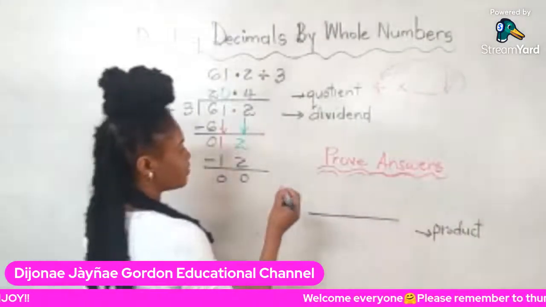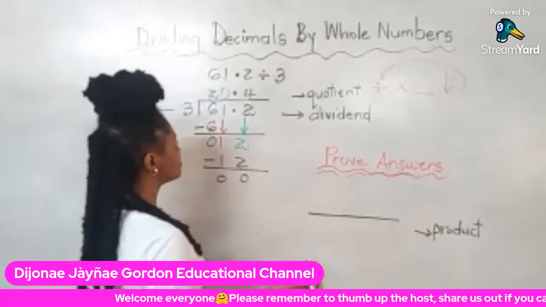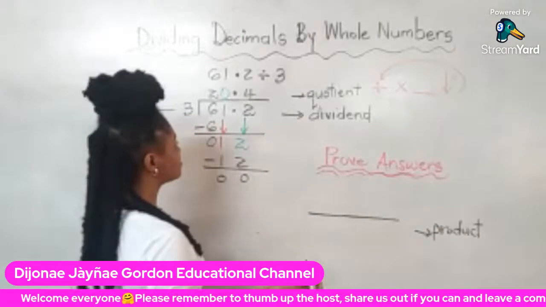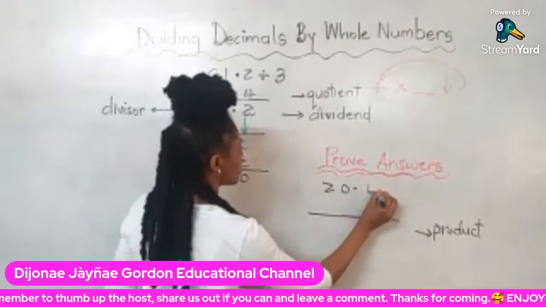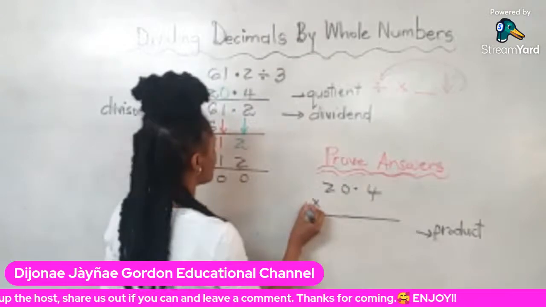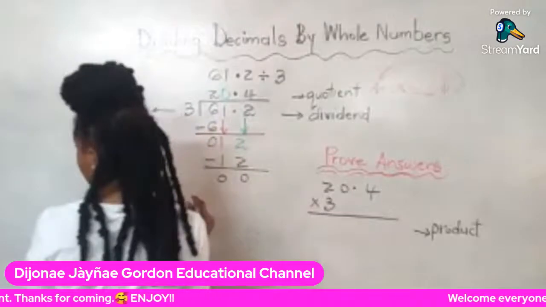But before we do another problem, let's check to see if our answer is correct. Our answer, 20.4, I'm going to multiply by 3, and let's check for our product.